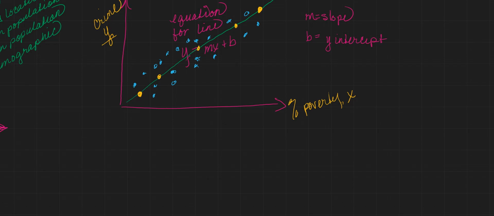So predicted values. How well does my predicted value do when I take a look at these observed values? How close am I? Right? That's what we're looking at. And how much error is acceptable?